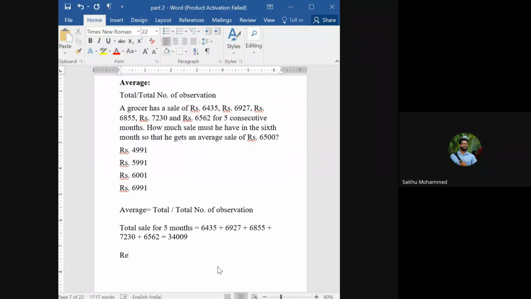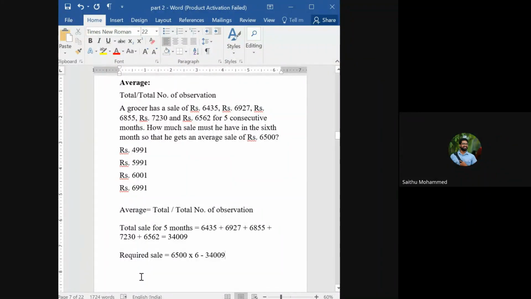So the equation we can make is: required sale is 6,500 into 6 minus the total sale for 5 months. That means we need to get an average of 6,500 out of these 6 months.